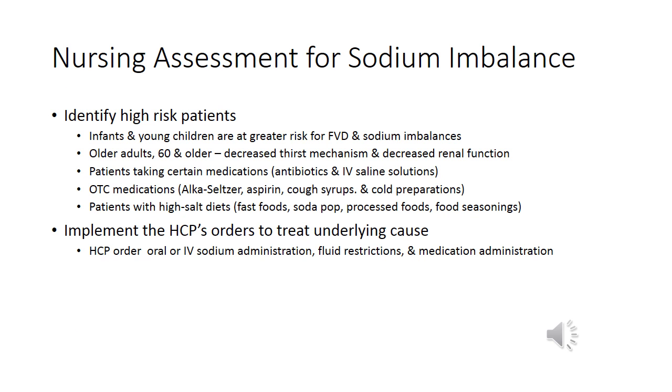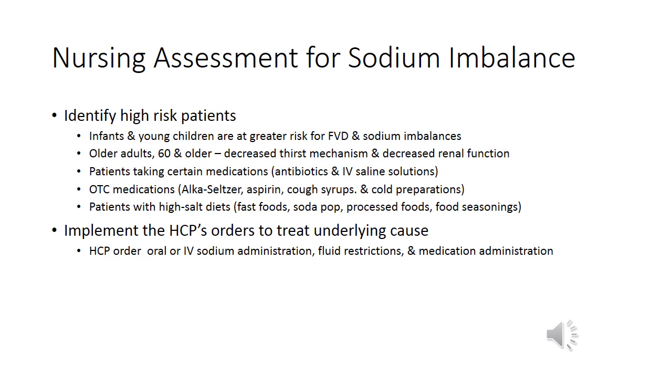The nurse should conduct a focused nursing assessment for sodium imbalance, beginning with a thorough nursing history. Interview the patient and family members to reveal any risk factors or pre-existing conditions that would contribute to sodium imbalance, such as vomiting, nasogastric suctioning, diarrhea, kidney injury, or other conditions associated with sodium loss or gain.